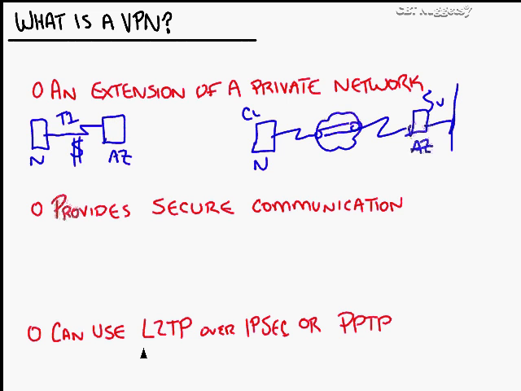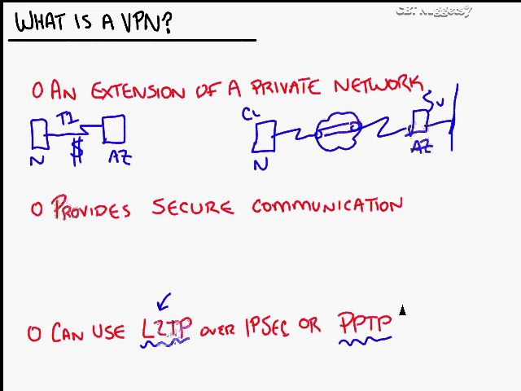Now, the major difference, I should say, between L2TP and PPTP is the encryption algorithms that they use. PPTP has its own proprietary encryption algorithm. L2TP, which is the more recent one, uses IPsec, which is an industry standard and a very secure way to provide encryption. Microsoft and Cisco actually teamed up to make L2TP, and it's the preferred protocol.